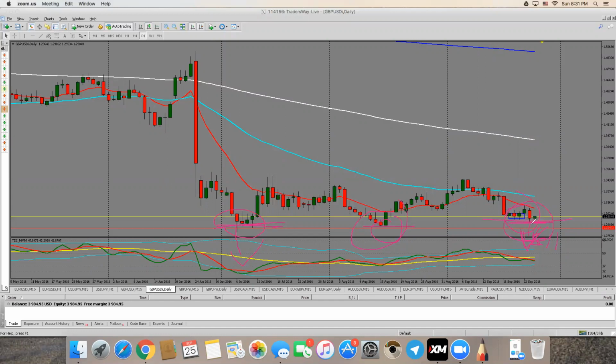See how price pins this area? People place them here because this is kind of an ascending triangle using technicals, and whatever the reason is, they still put their sell stops here.